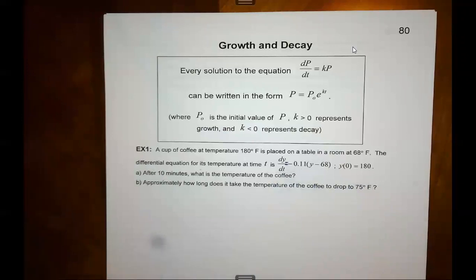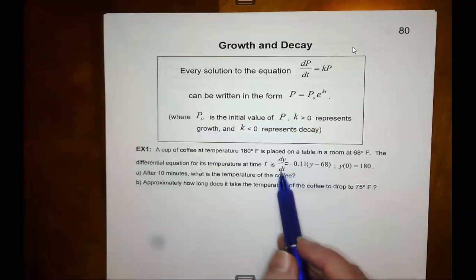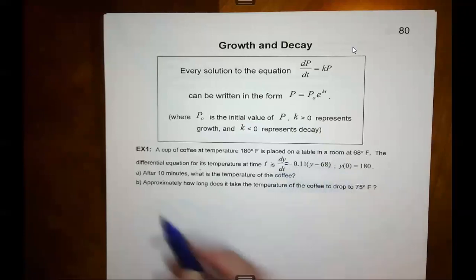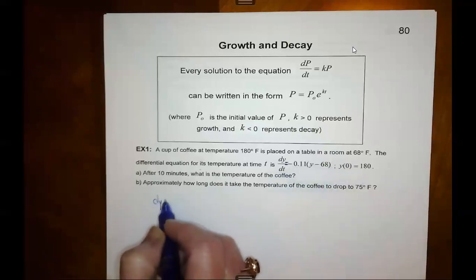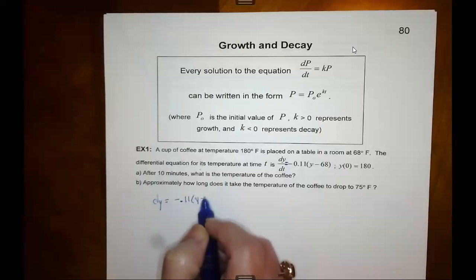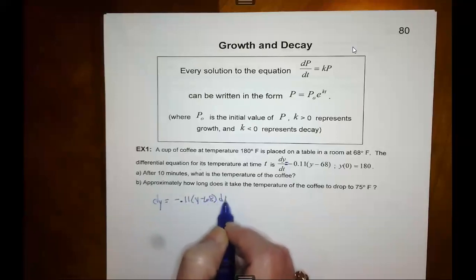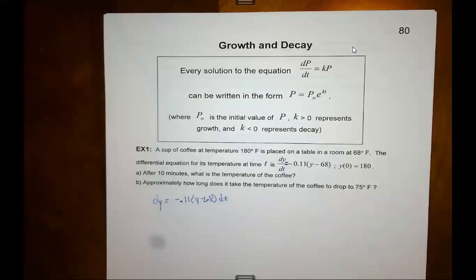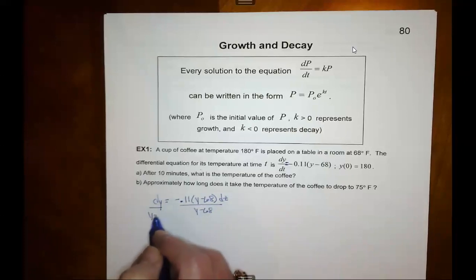So the first thing I'm going to do here is multiply both sides by dt. So just move the dt over here. So I would have dy equals negative 0.11 times (y minus 68) dt. All right, so then we want to divide by the y minus 68 to separate our variables like we did last week.